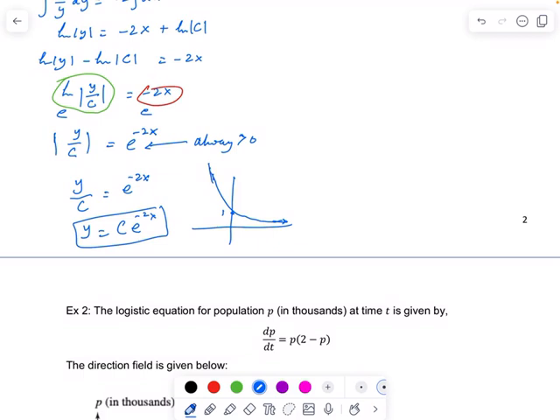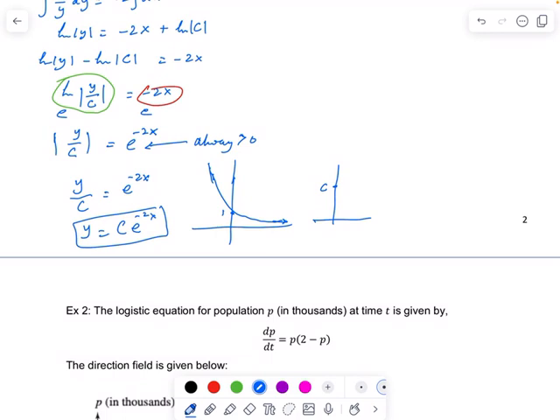But what will be c times e to the negative 2x? Well, if it is c, then you can see when x is 0, the y will be equal to c, whatever c is. And so if I have the function, it will be like, let's say this is our c, 2, 3, 1, whatever, minus 1, minus 2, whatever.